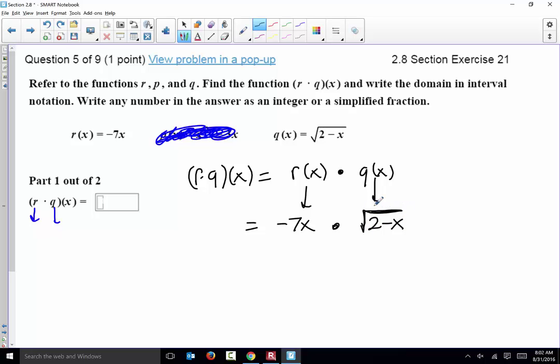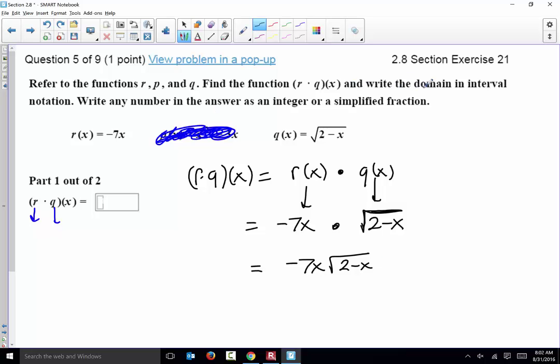Do you see any kind of simplification, any cancellations, reductions? No. So this just multiplies and they combine into this. Okay? So this is the multiplication.